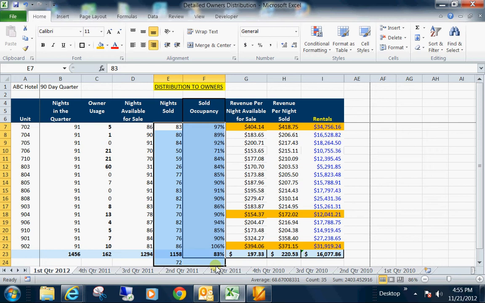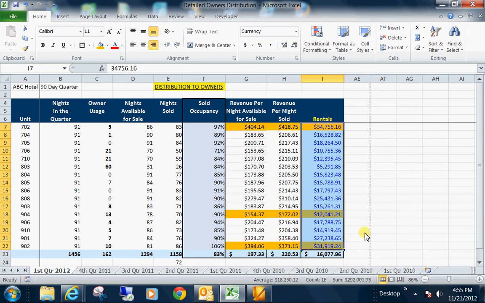And they're using room nights sold as a determining factor in equally distributing revenue. But that's only part of the equation, and that's where the problem lies. You must take into consideration the average daily rate with the room nights sold in order to make sure that this column, your gross rental, is approximately even to all others. And we can see that this is not the case here, and it's a big problem.